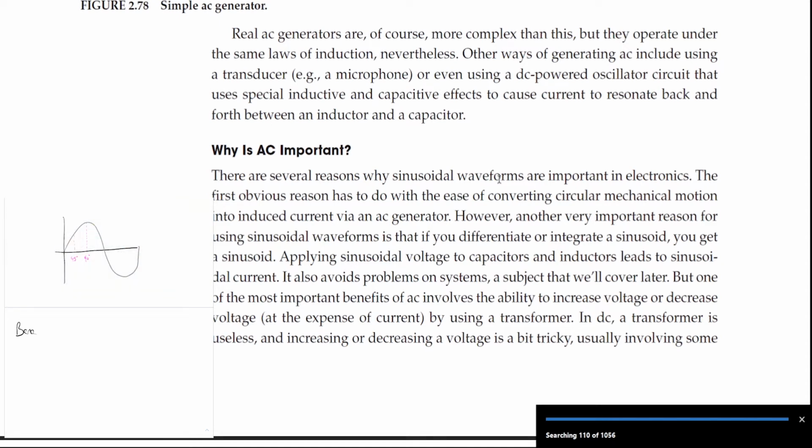So benefits of AC. Number one, you can use circular mechanical motion generators.